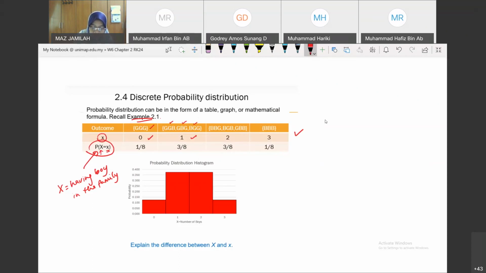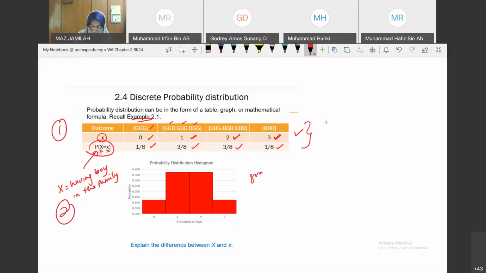One boy, two boys, and maximum, if you are talking about 3 siblings, maximum there will be 3 boys in the family. So we have all the corresponding probability for each of the values of x that we have in the experiment. So this is what we call the table. Now the second one is what we call the graph.